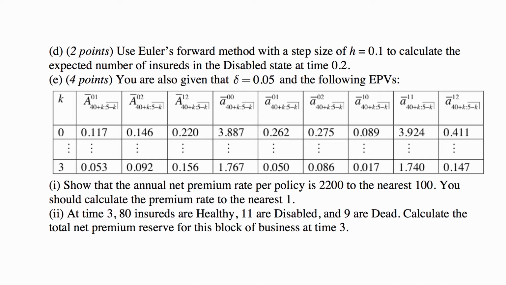The first one is for a person that is healthy right now, with a one-time payment at the moment of transition to state 1. The second one is for a person who is healthy right now, so big A bar, 02 in superscript, a one-time payment at the moment of transition to state 2. So this is life insurance.